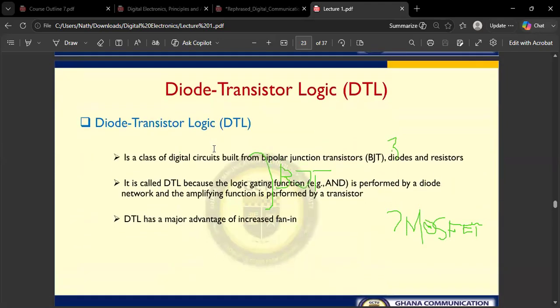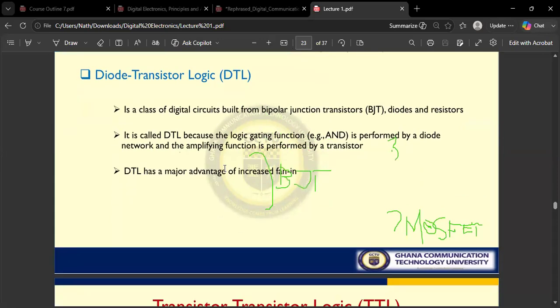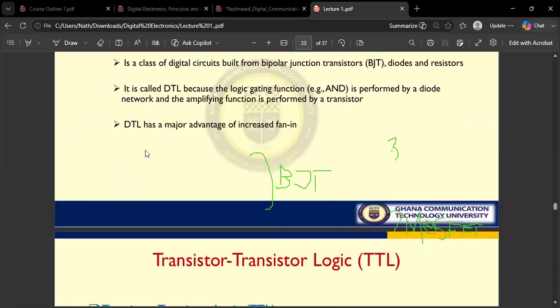Then we look at the diode transistor logic as well, which I said is also obsolete. It's a class of digital circuits built from bipolar junction transistors, diodes and resistors. It is called DTL because the logic gating function is performed by a diode network, and the amplification function is performed by a transistor, like I said.